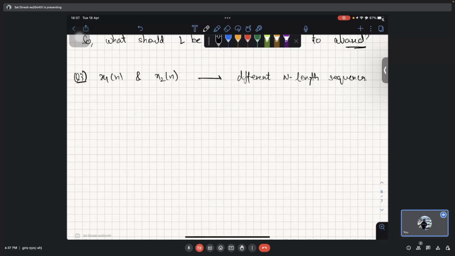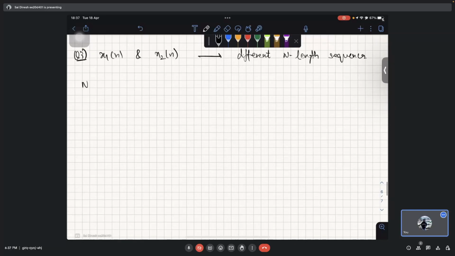And the N-point circular convolution is same as convolution.